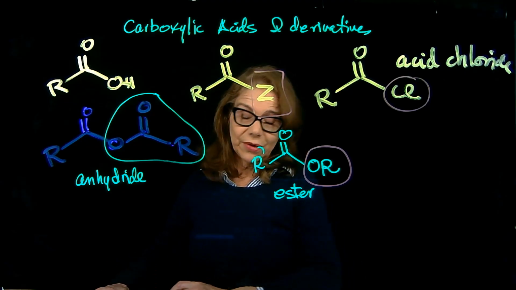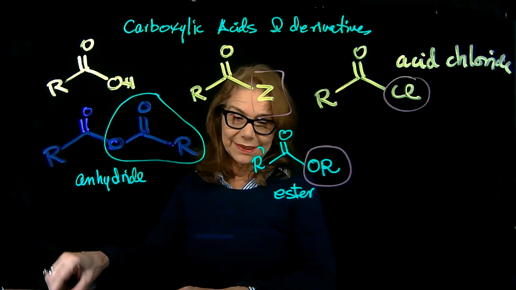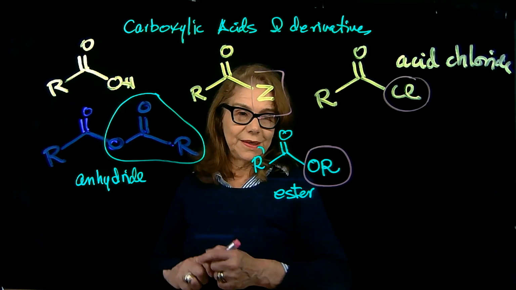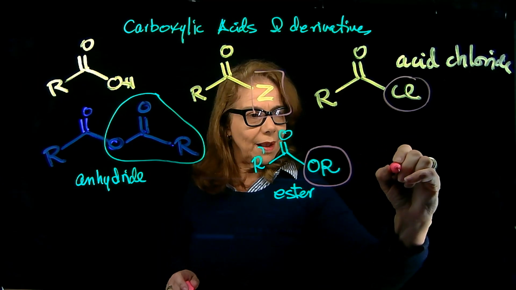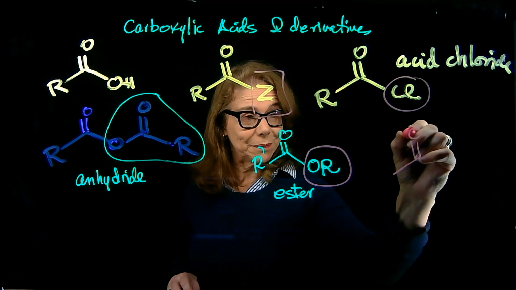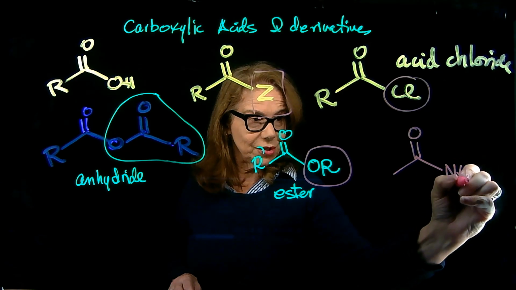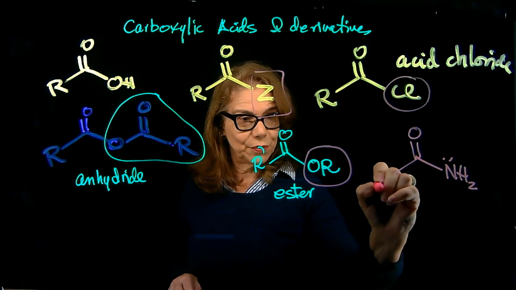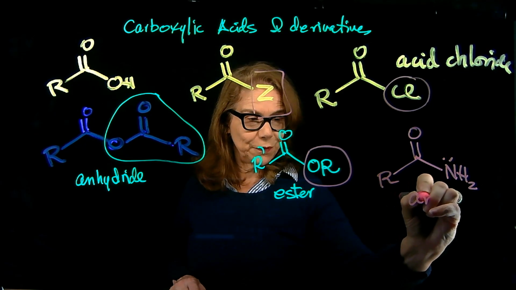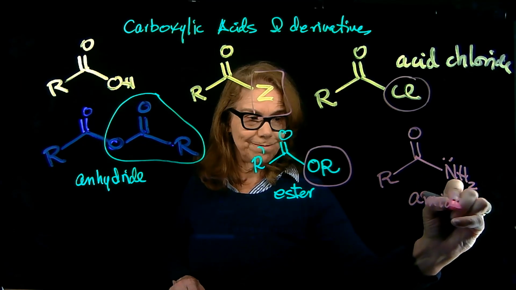Another derivative of the carboxylic acids is this one, where I'm going to replace it with a nitrogen, in this case with two H's, and this functional group is an amide.